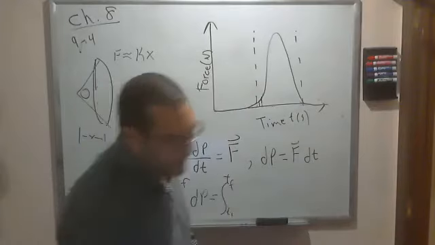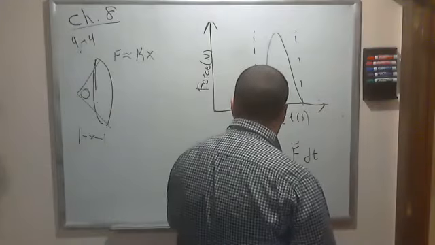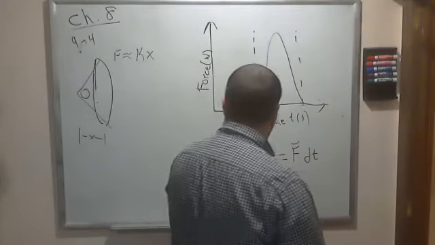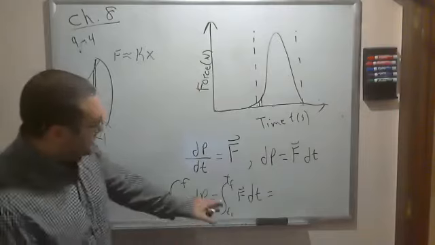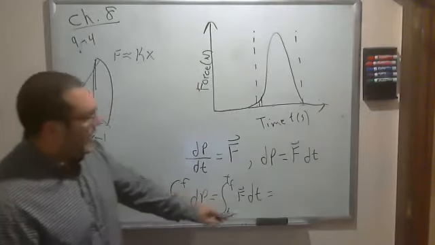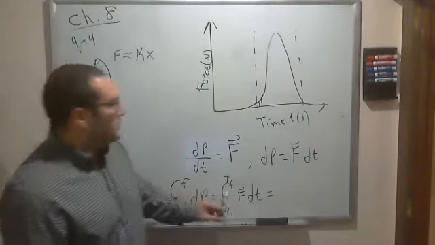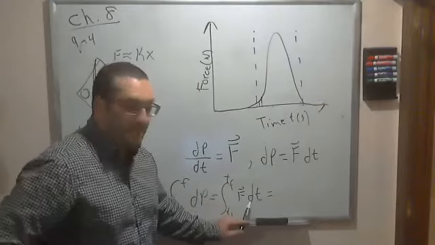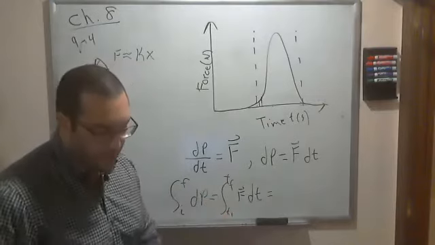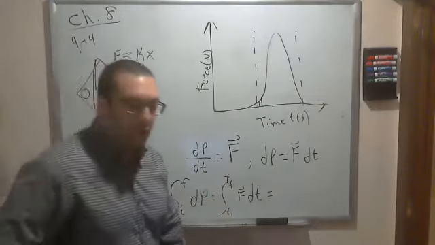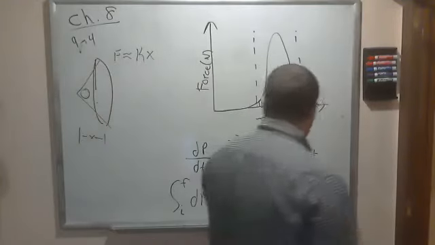From the initial time to the final time, and this is equal to the force, right? And this quantity, if we integrate the force over time, this gives us a new quantity, and we call this the impulse.